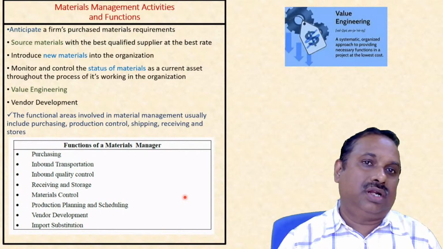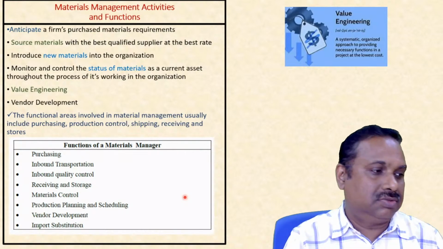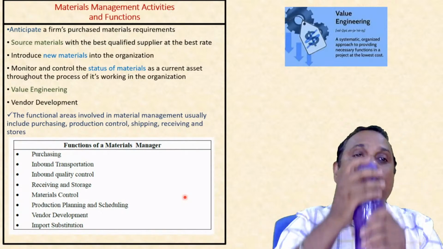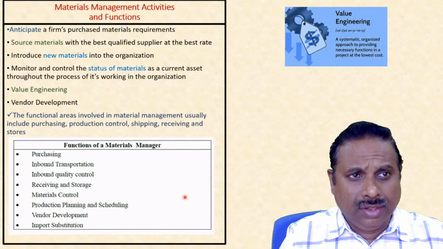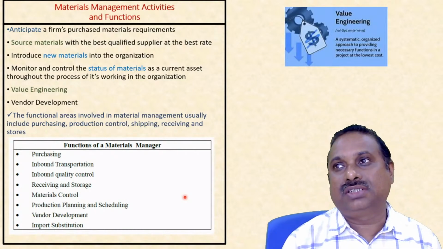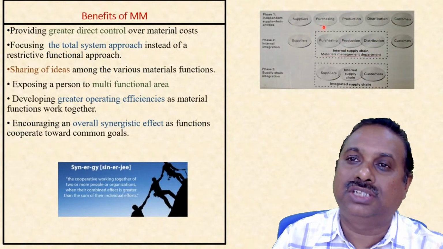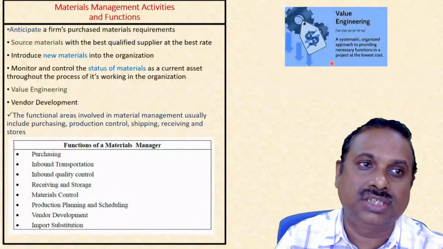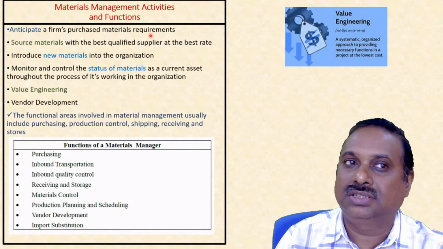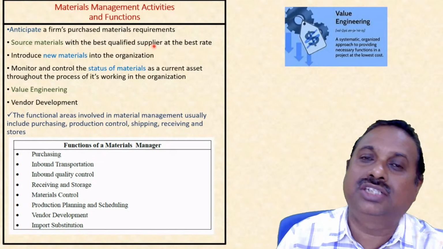Next are the various activities and functions of materials management. First one is to anticipate a firm's purchase material requirements, because we have seen that in materials management we have purchase, production, distribution. So first is to anticipate a firm's purchase material requirements. Then source materials with the best qualified supplier.